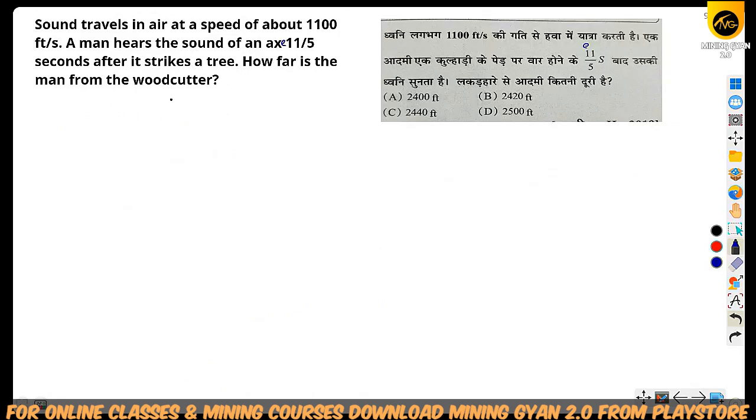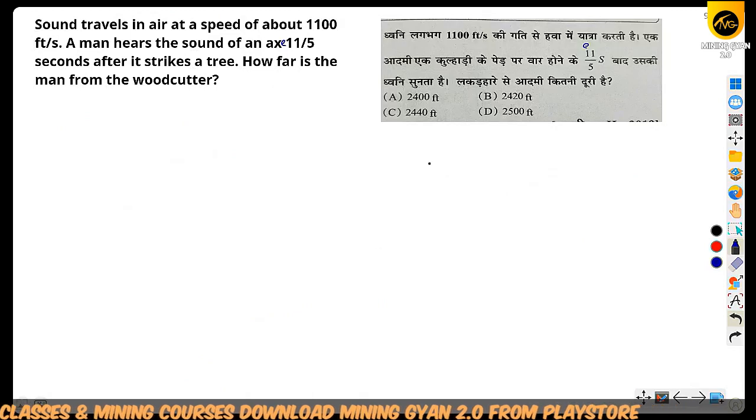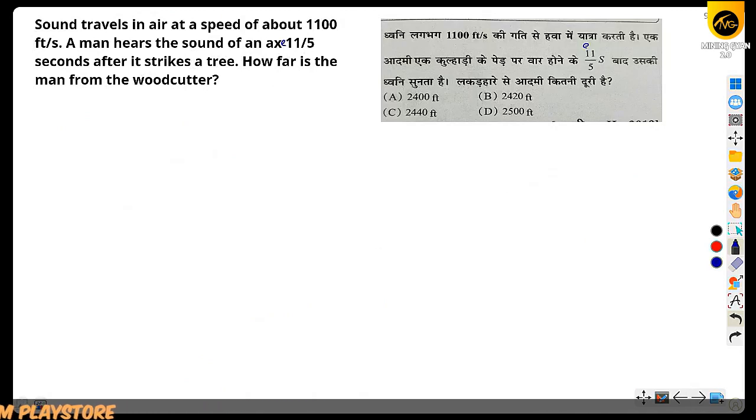So basically the logic is the speed of sound is given, that is 1100 feet per second, and a man is hearing a sound, that is the sound of an axe which strikes a tree by a woodcutter. The duration of sound is 11 divided by 5 seconds after it strikes a tree. So we have to find out the distance between the man and the woodcutter.